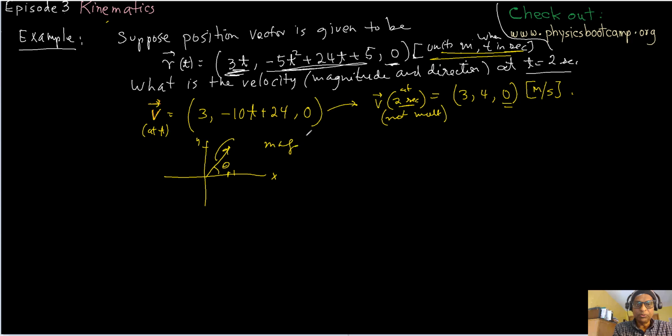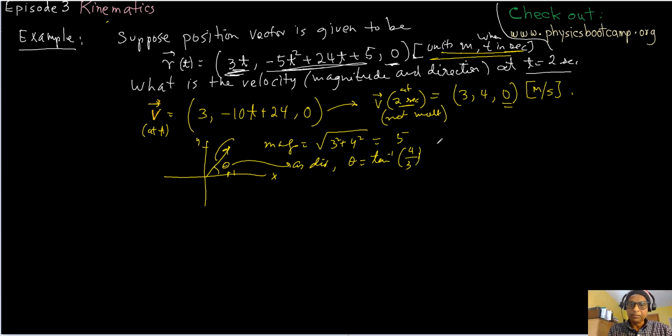So the magnitude will simply be the square root of 3 squared plus 4 squared, and that's 5. And for direction, the angle theta is arctangent of 4/3, which I think is 53 degrees. You can just check it. All right, close to. So that's how we can solve this problem.